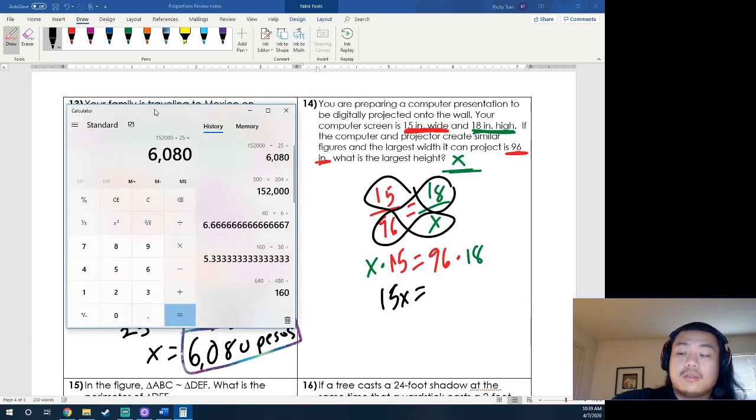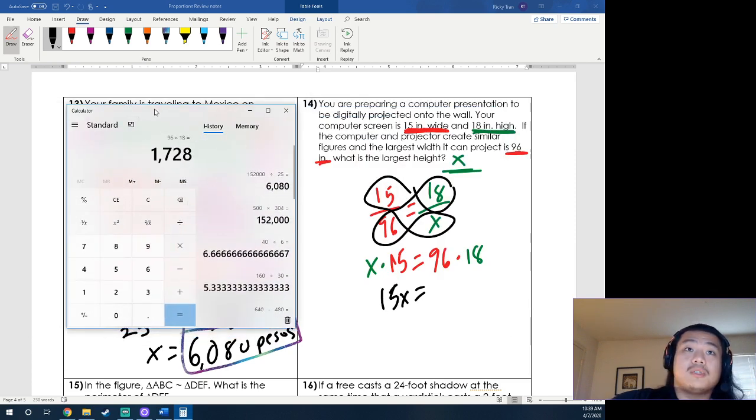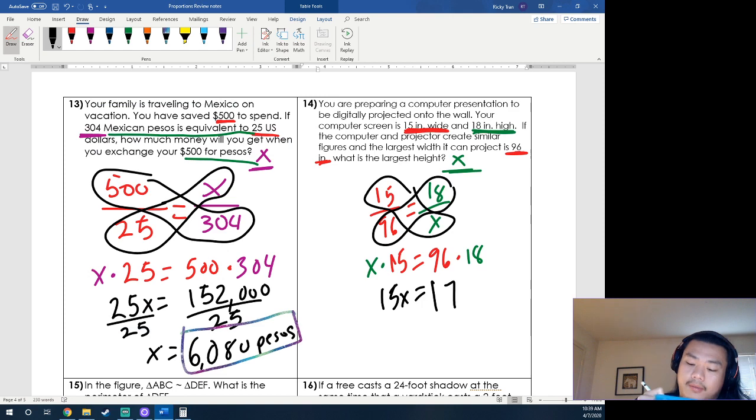All right. So in that case, we have 15x is equal to 96 times 18, or 1,728. And then we're going to divide by 15 on both sides.